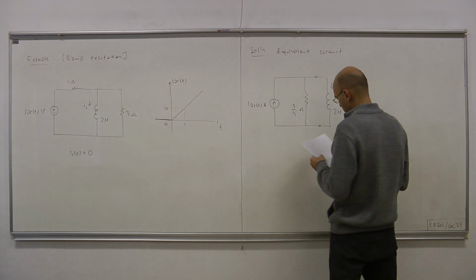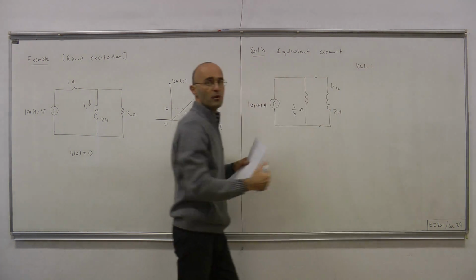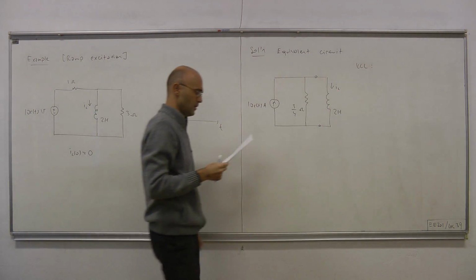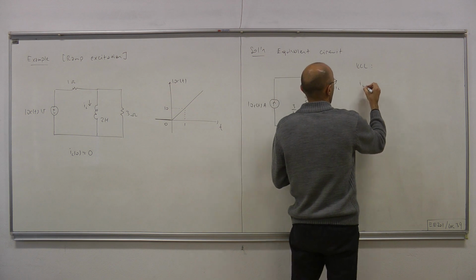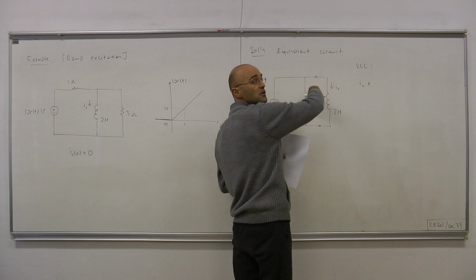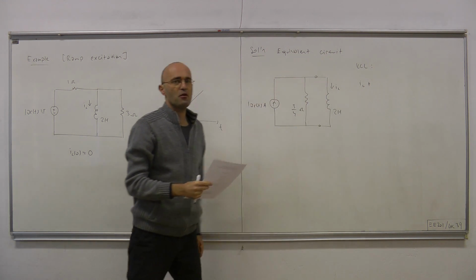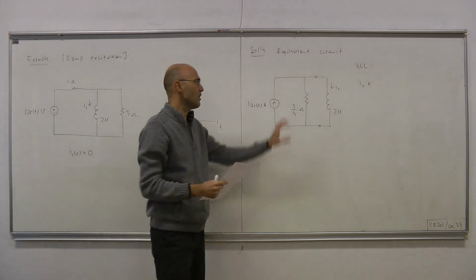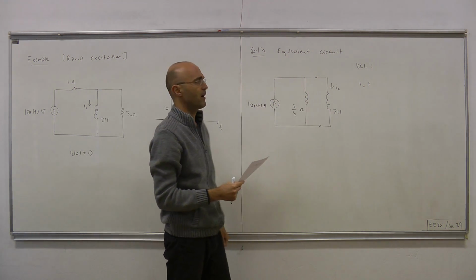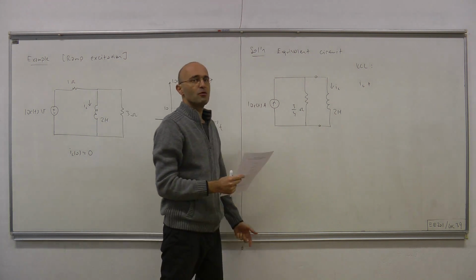We can start from KCL. Sum of 3 currents must equal 0. That is IL plus this current, which is VR over the resistance 3 over 4. What's VR? VR is VL, because everything is parallel. And what's the inductor voltage from the terminal equation?